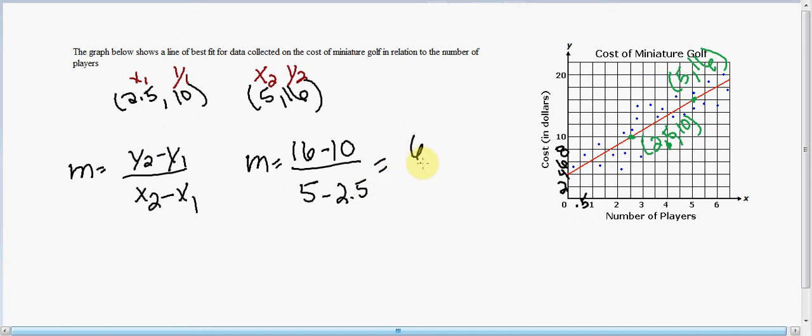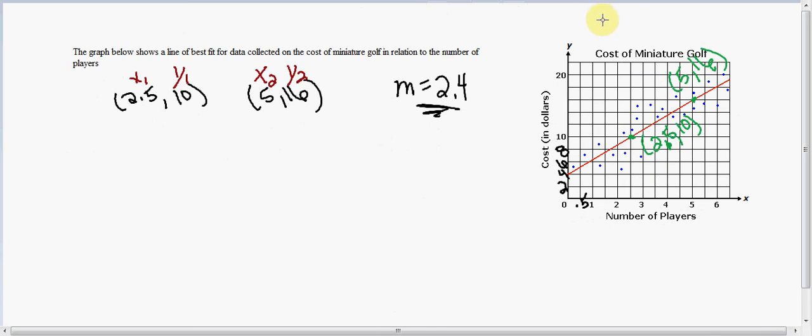And that's going to give me 6 over 2.5. And I'm going to divide that here to get a slope of 2.4. So that's my slope, 2.4. And I'm going to remember what that is.